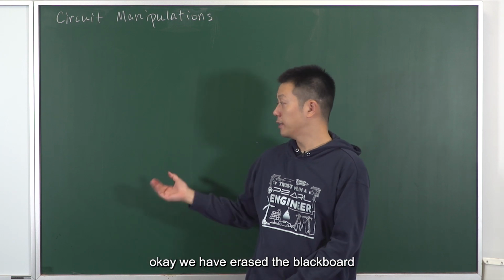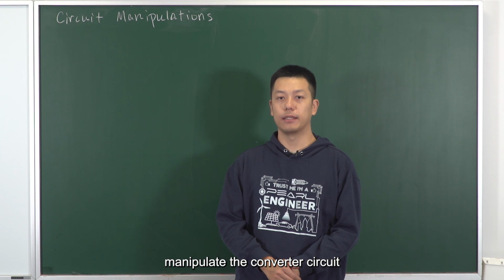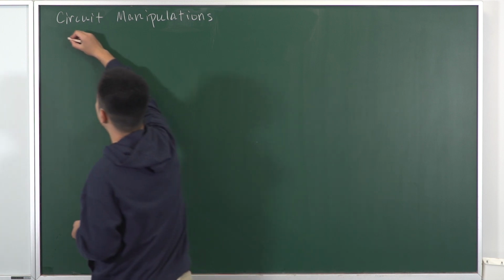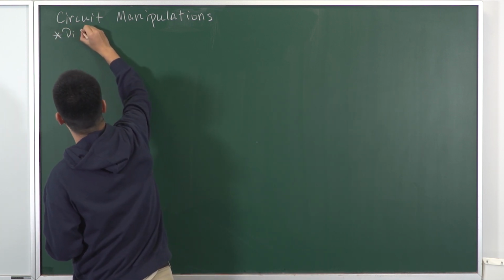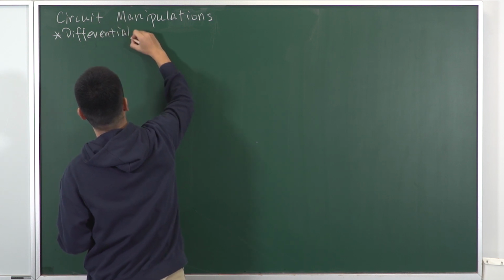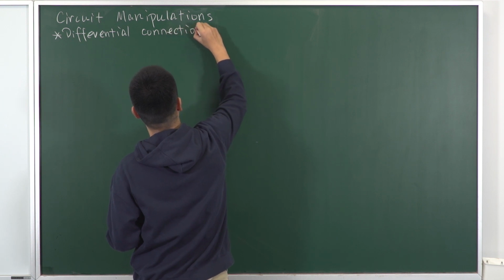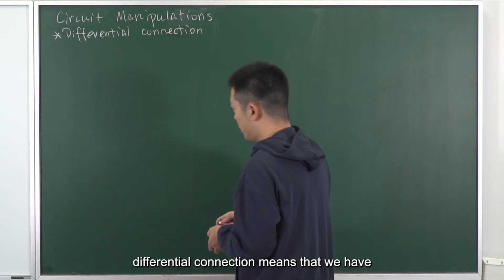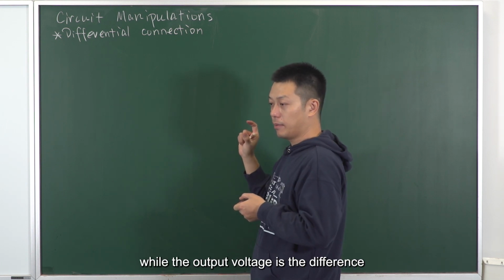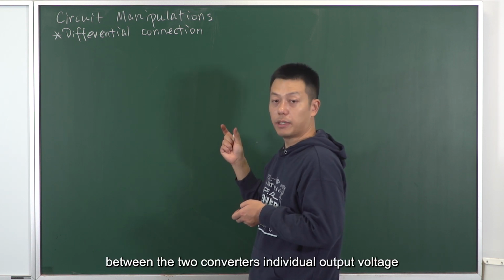Okay, we have erased the blackboard. Now let's talk about a different way to manipulate the converter circuit, which we call the differential connection. Differential connection means that we have two converter modules together, where the output voltage is the difference between the two converters' individual output voltages.